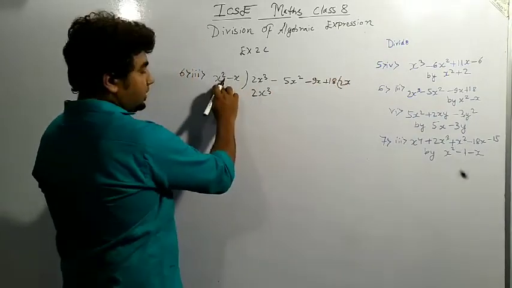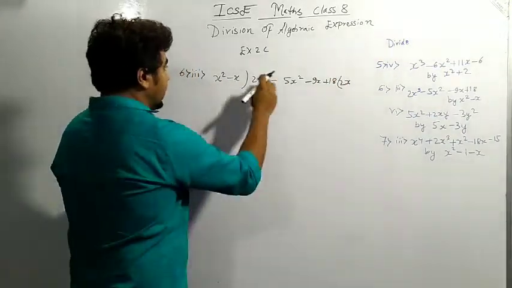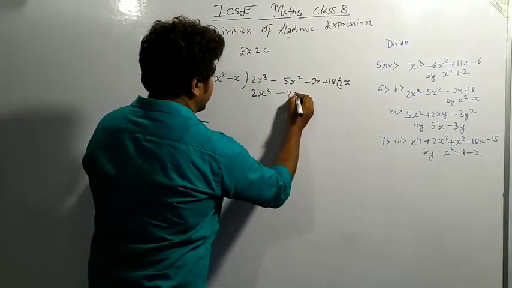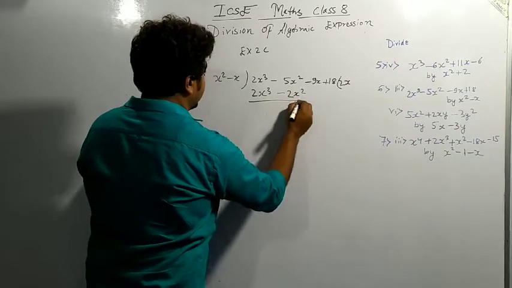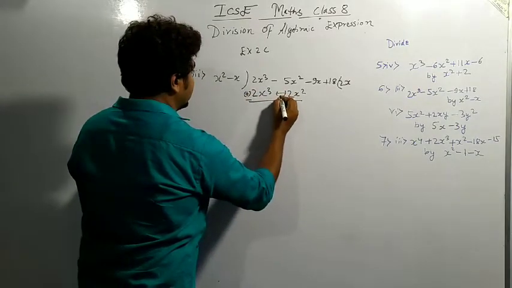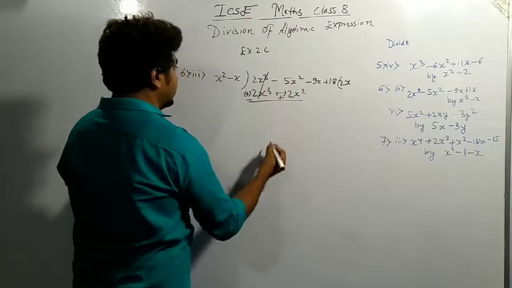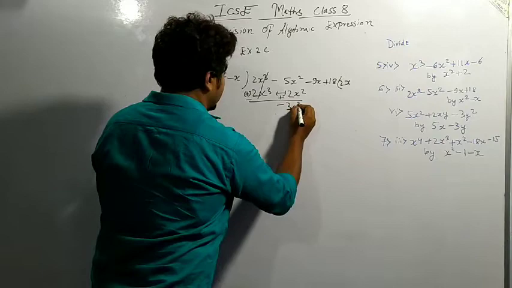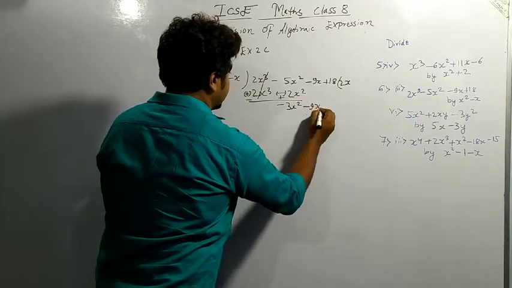2x multiplied with x square gives 2x cube, and 2x into minus x is becoming minus 2x square. So from here this plus will become minus, and this minus will become plus. So this is getting cancelled. Minus 5 plus 2 is minus 3x square, and this is minus 9x.